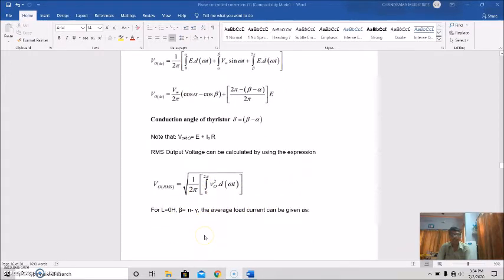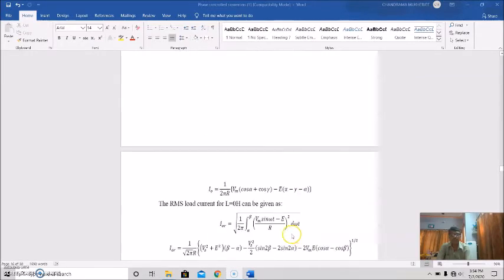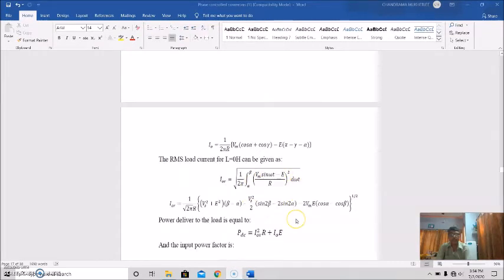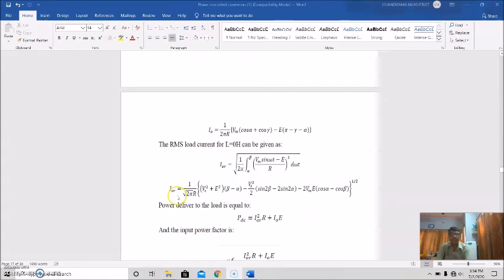For L equal to 0 Henry, beta equal to pi minus gamma, the average load current can be given like this. The RMS load current for L equal to 0 Henry can be given as the square root of 1 by 2 pi integral alpha to beta of Vm sin omega t minus E by R whole square d omega t, and from that we get the RMS value of the load current.